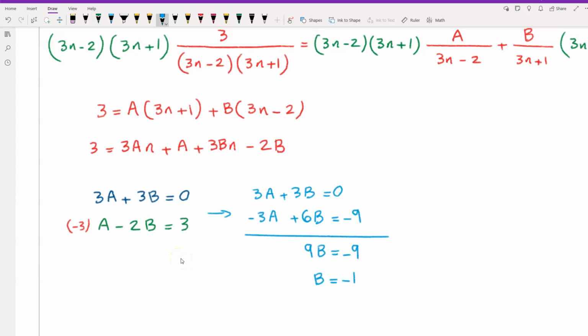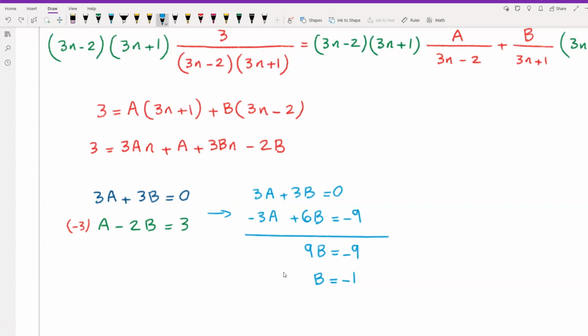So here we have a system of two equations with two variables. Solving for a and b, here I multiply the second equation by negative 3. So we rewrite the first one, 3a plus 3b equal to 0, and the second times negative 3, we have negative 3a plus 6b equal to negative 9. Now add, so here this part cancels, and adding these two we have 9b, equal to negative 9.